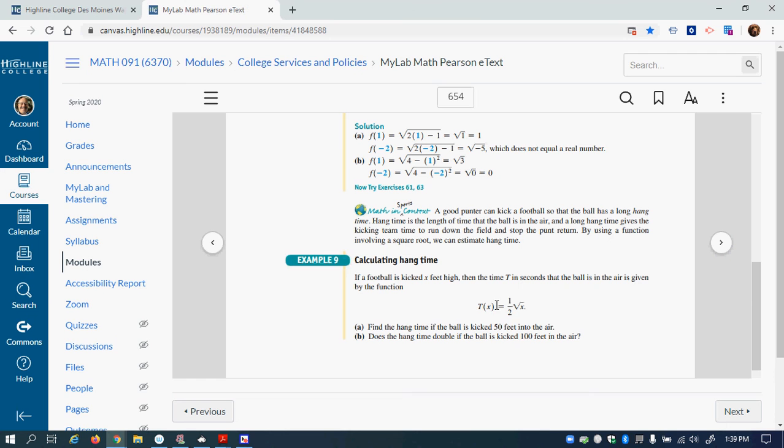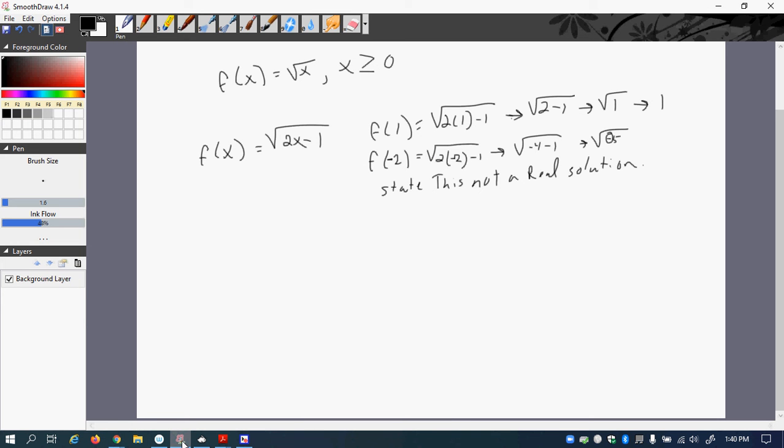So they're going to give you the equation of 1/2 times the square root of x. Now you have to find the hang time if the ball is kicked 50 feet into the air, and does the hang time double if the ball is kicked 100 feet into the air. So let's go back to the board.